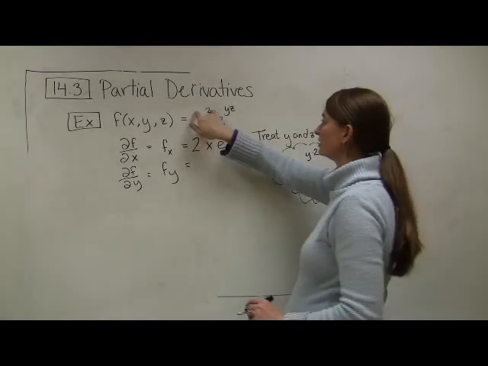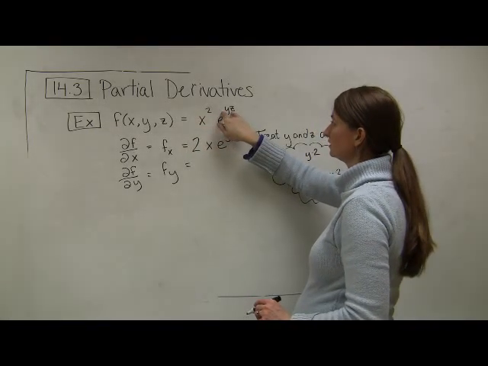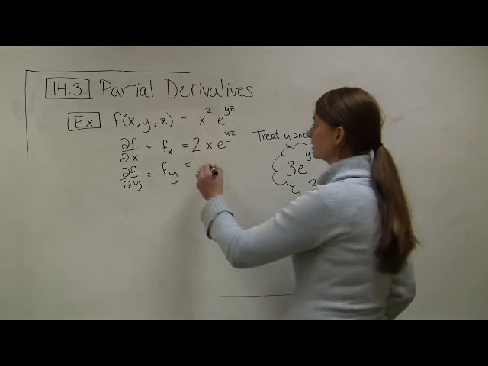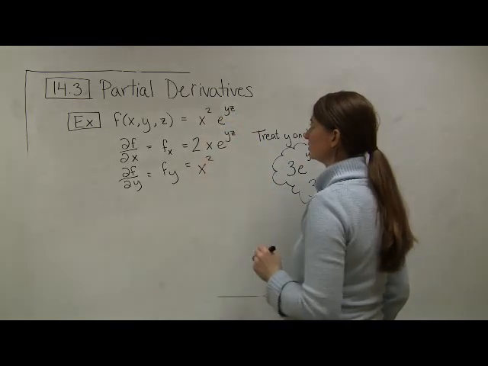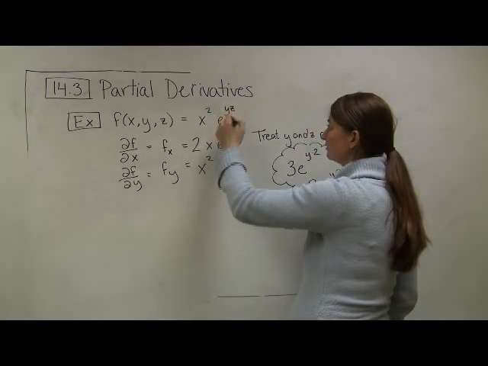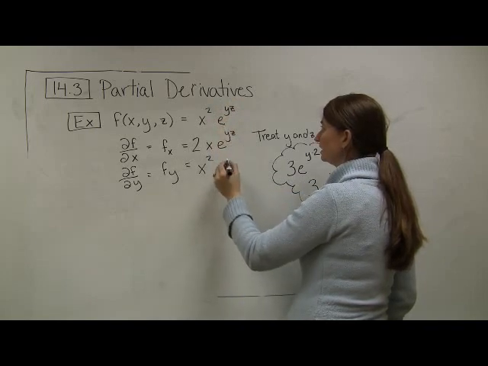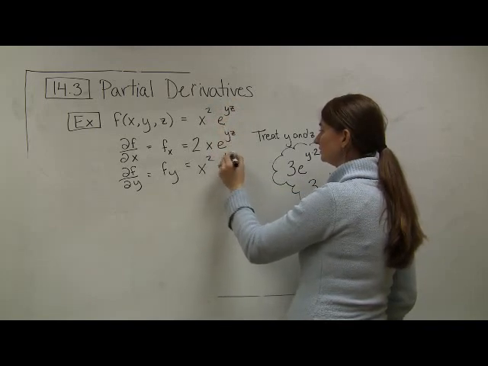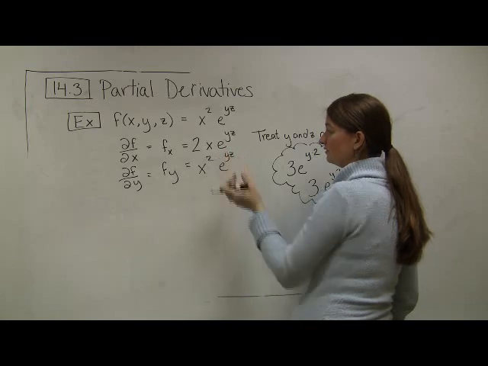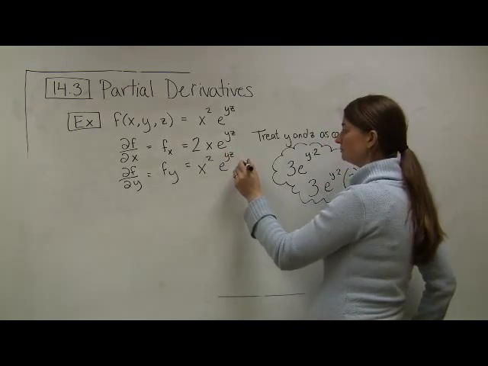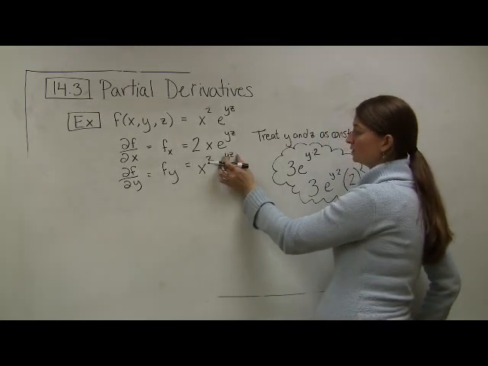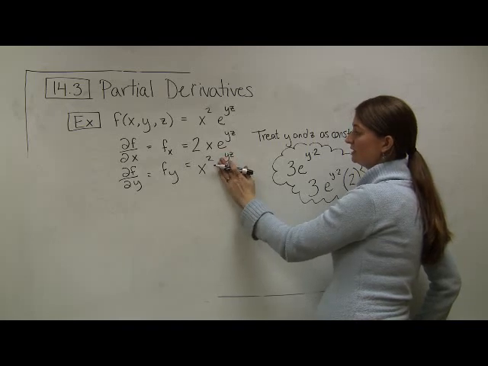So let's look back at what I did. I'm treating x squared as a constant because I'm taking the derivative with respect to y. If x squared is a constant, I leave that out front as x squared. When I take the derivative of this term, I end up with e to the yz, because the derivative of e to the stuff is e to the stuff, times, by chain rule, the derivative of this yz part.